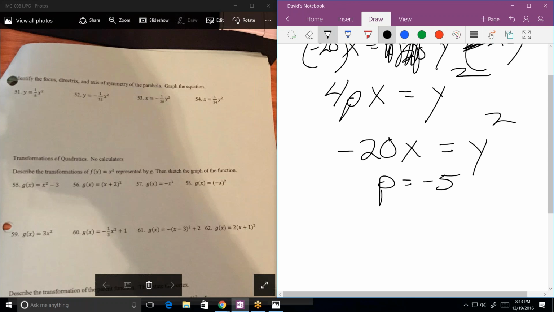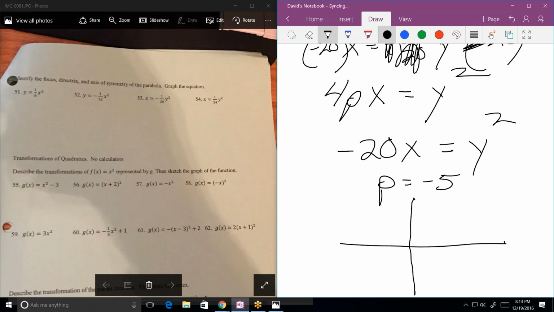It's not only horizontal, it's opening to the left, because the coefficient in front of the y squared term was negative. It doesn't matter whether that's in front of the y squared or the x term: a negative sign means it opens to the left, as opposed to positive, which opens to the right.